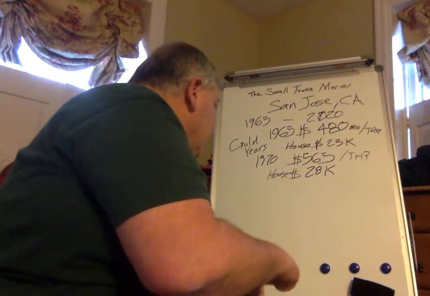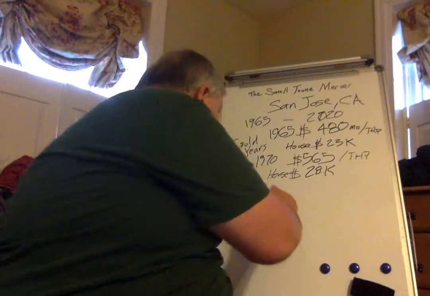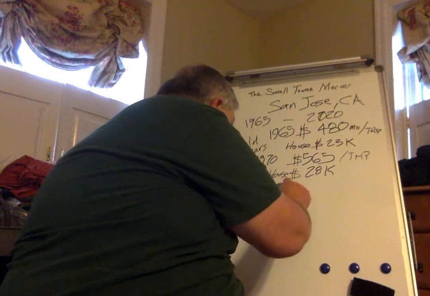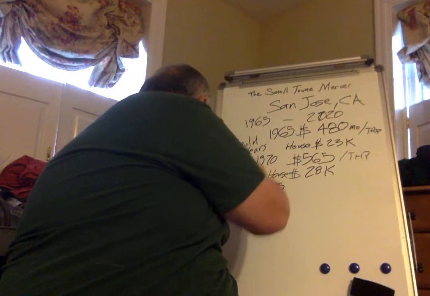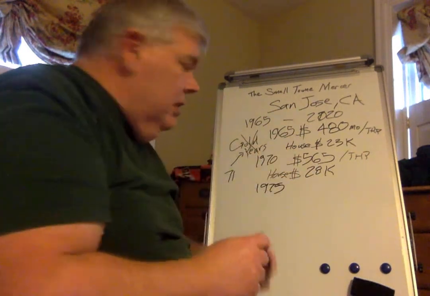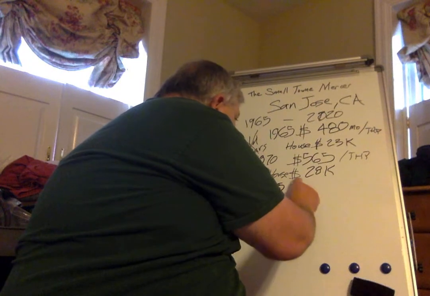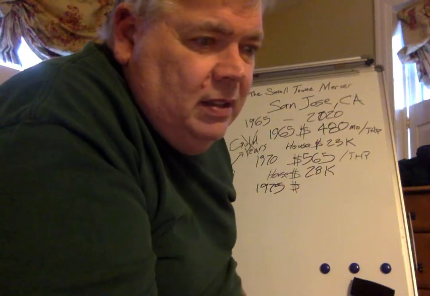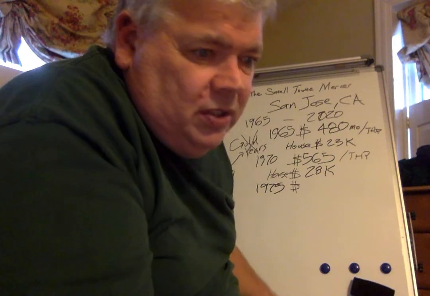Okay. Now, in 1975, remember I had told you previously in 1971, we are now off the gold standard. And so inflation is going to start to set in. Although in 1975, it's not going to really take shape yet because we're just coming out of that.